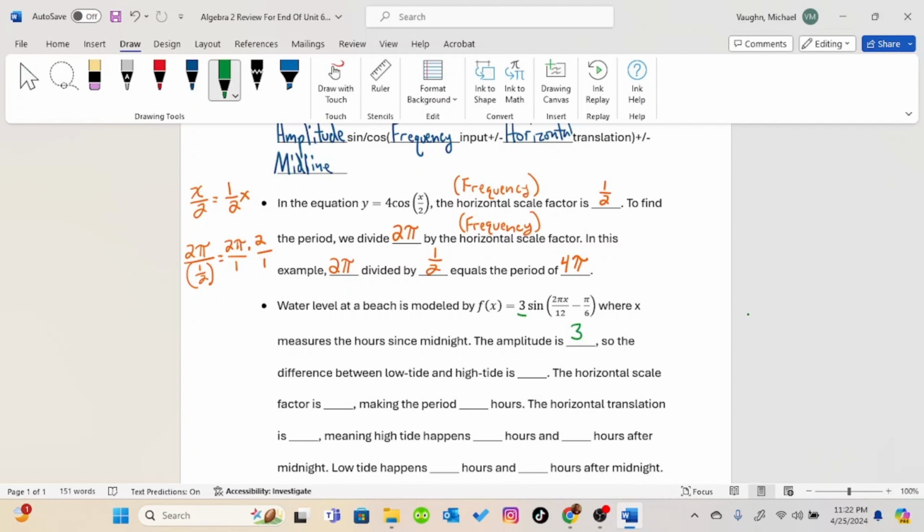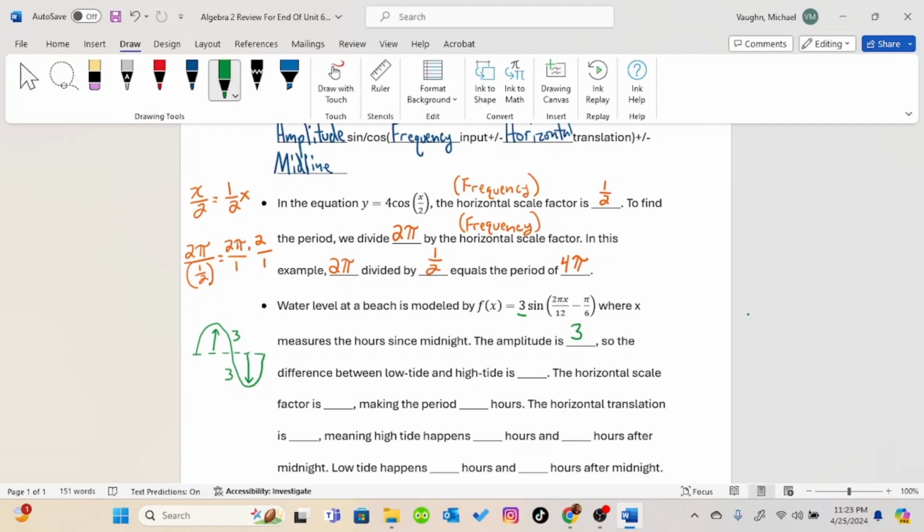So the difference between low tide and high tide is blank. Well, I'll do a quick sketch here. If we have a midline and we said that our amplitude was 3, that means from the midline to the top is 3, and from the midline to the bottom is 3.